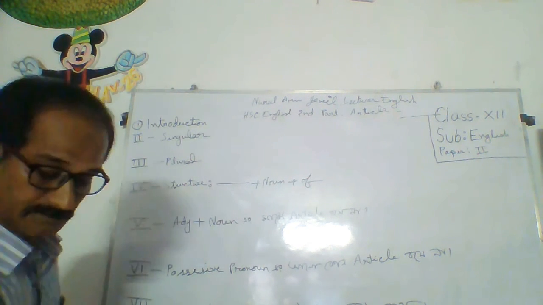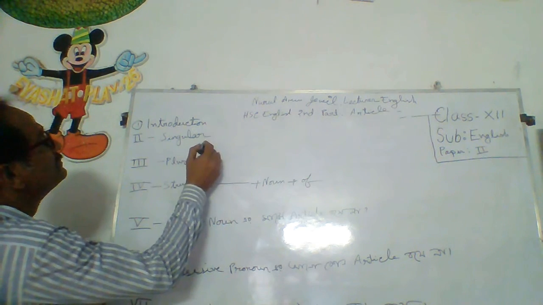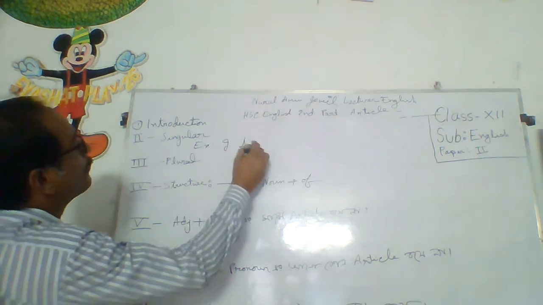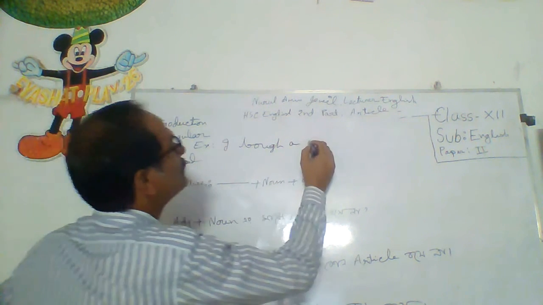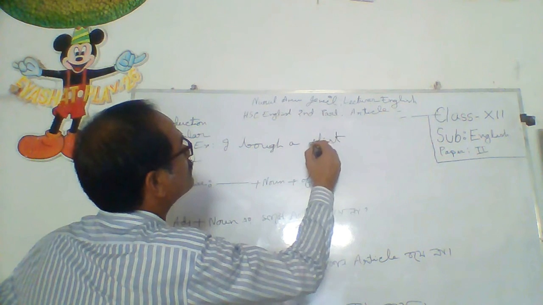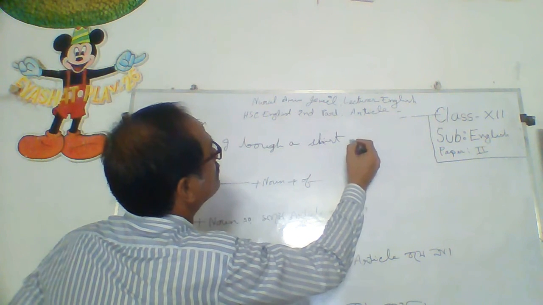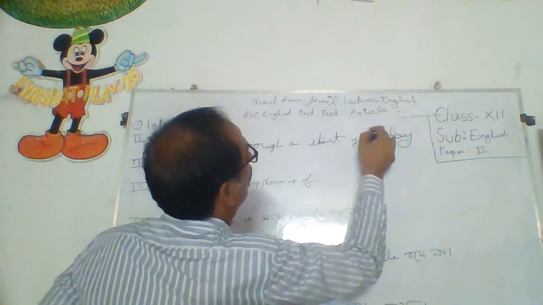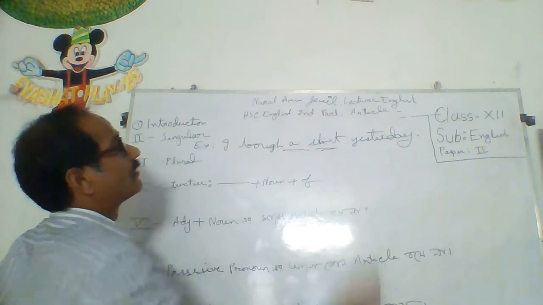Such as, we can say, I bought a shirt yesterday. Here, a is used before a singular noun.